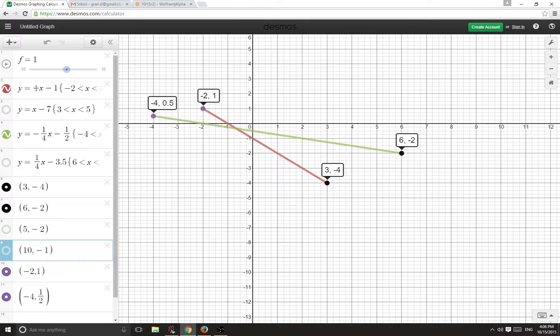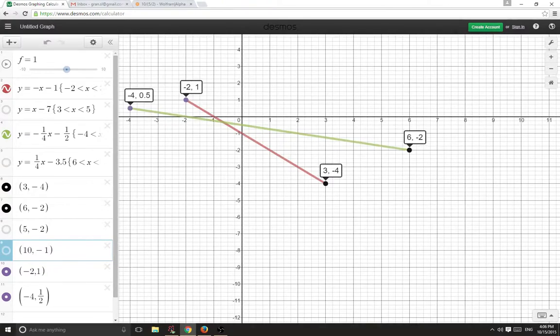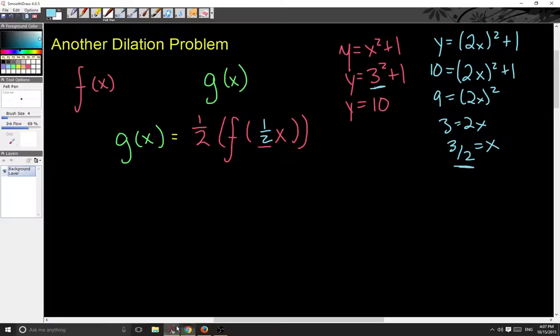Notice that our original equation here is negative x minus 1. So let's go ahead and write that here. We have our original equation being y equals negative x minus 1.